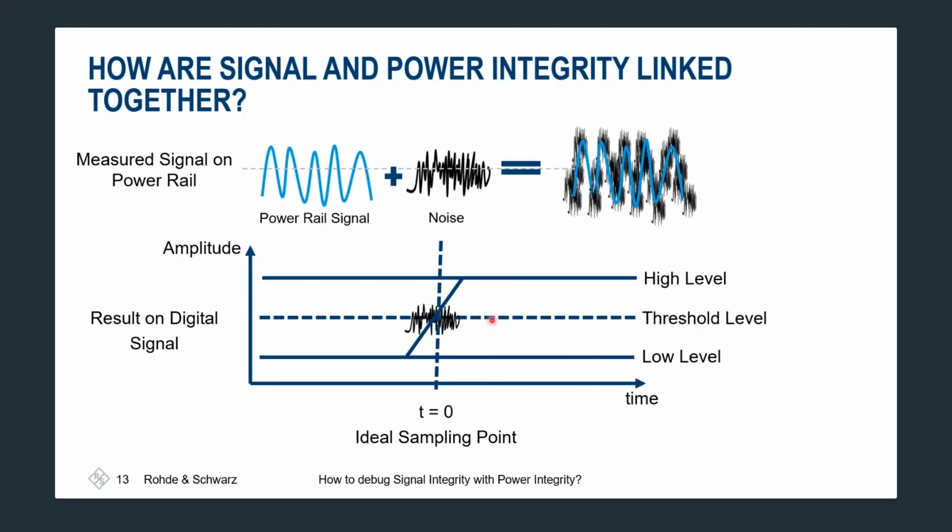If then, for example, we have some reference voltage which is varying due to noise issues, the threshold level will also be varying up and down a little bit. This will cause a shift in time of the signal edge itself, because the signal will be reaching the threshold level too early or too late. This means added noise will cause noise to jitter conversion, and this will add up so-called jitter itself, because it's closing the eye at the end.